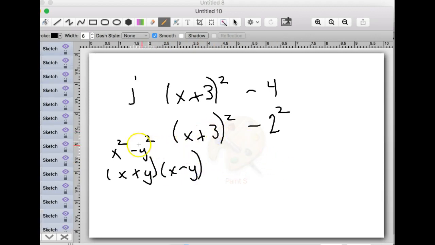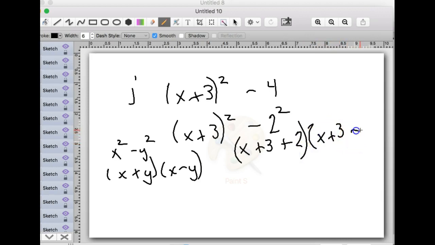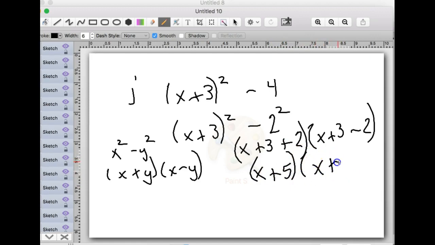In this case, x is x plus 3. So we have x plus 3 plus 2, times x plus 3 minus 2. Now we can combine. That becomes x plus 5 times x plus 1.